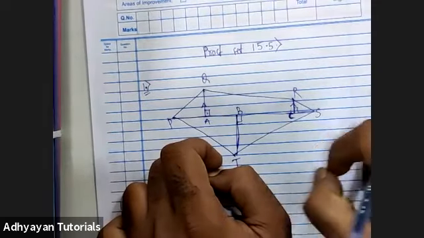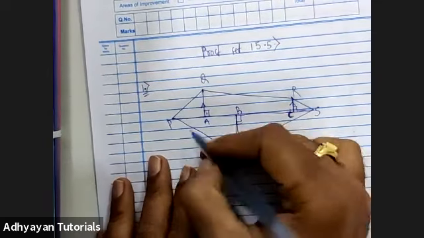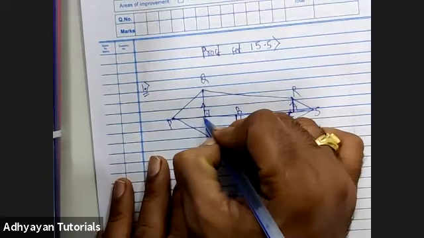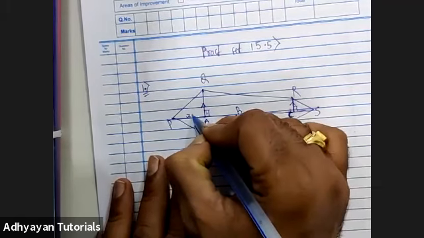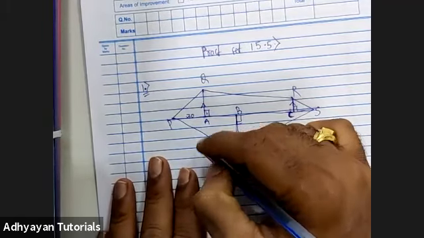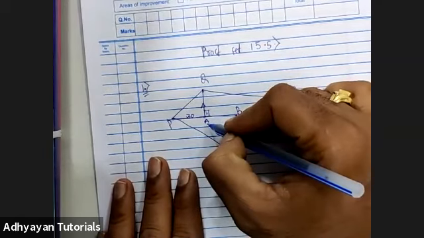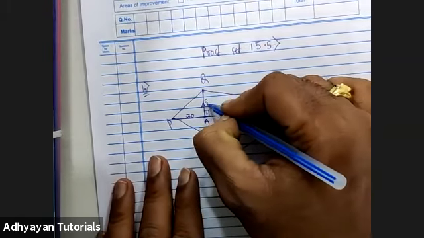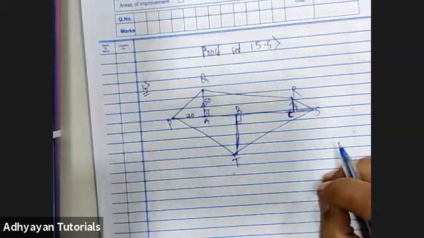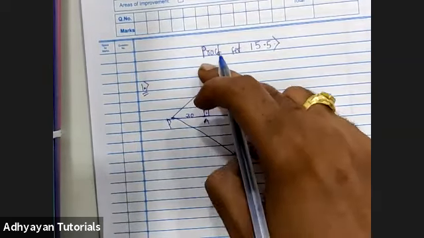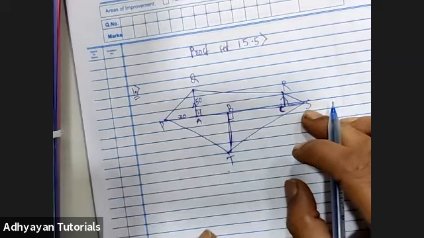Now let me mark the measurements provided to us in the question. अच्छा, PA का value is given to us as 30. Then QA का value is given to us as 50, right? So basically, area of triangle QAP easily ढूंढ सकते हैं.